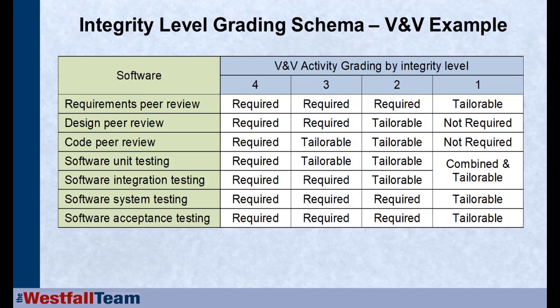So when we talk about the integrity level, we're talking about the integrity level required of your entire system, and you are going to plan your V&V strategies when you're doing your overall V&V planning. How much V&V is even enough at that level? And decide what tailoring is allowable based on your integrity level.